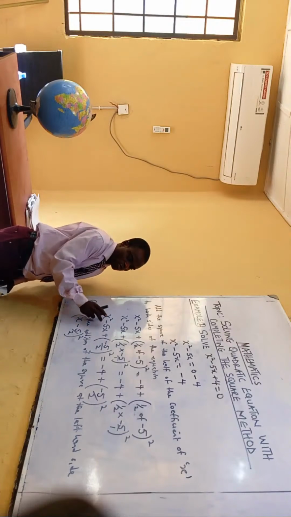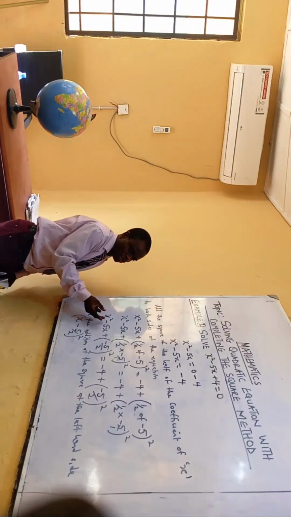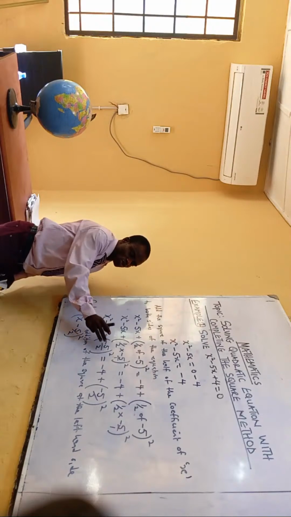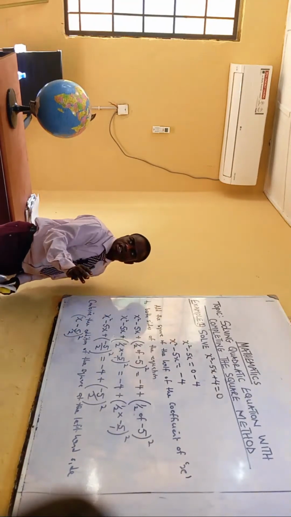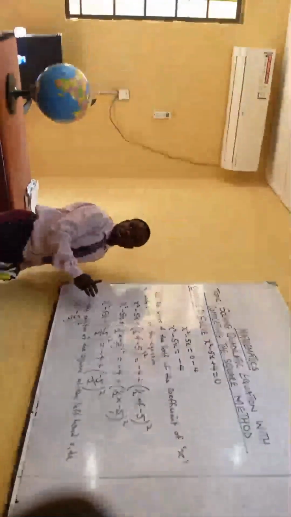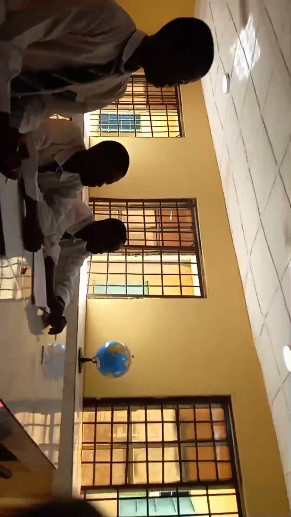It's not about collecting like terms. You are trying to bring those that have it squared together, and forget about the one that doesn't have the square. Bring the two of them in the bracket and forget about this.